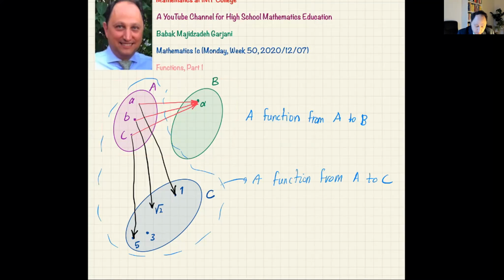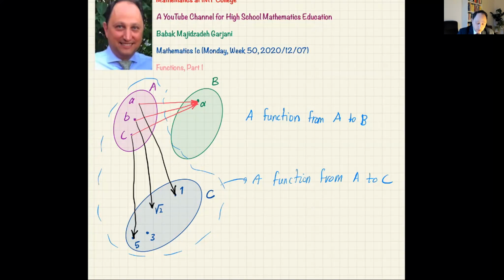The domain of this function is again this collection. If I ask you what is the domain of this function, the domain is exactly the same collection. If I ask you what is the codomain of the first function, you would say this green collection is the codomain. If I ask you what is the codomain of the second function, you will see this blue one is the codomain of the second function.